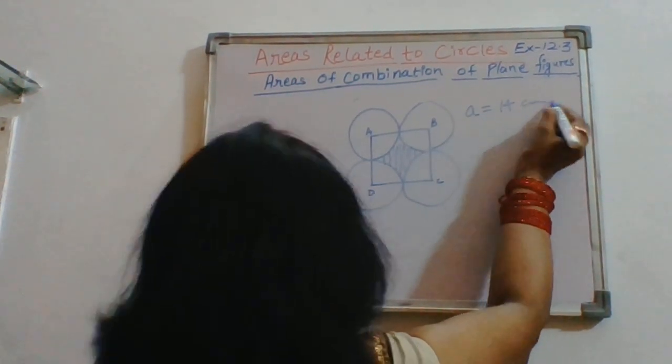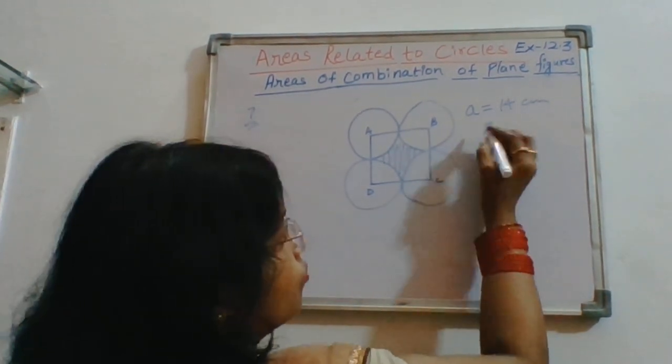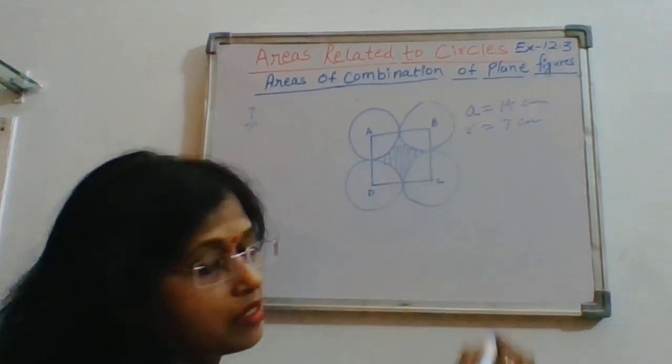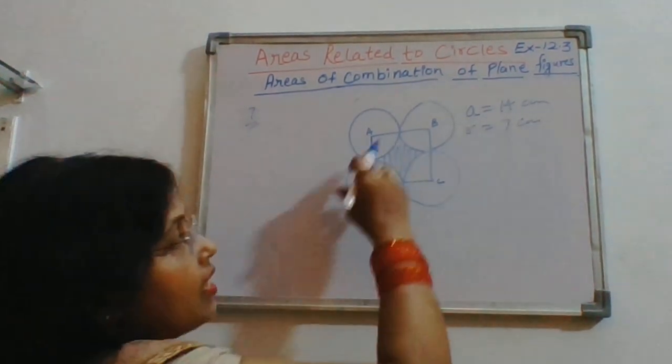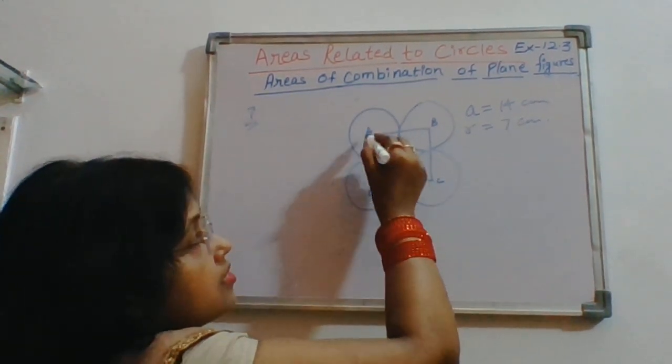If side of the square is 14, radius will be half of it, that is 7 centimeter, right? So how can we calculate? You can see a combination of plane figures. Here this is the square.